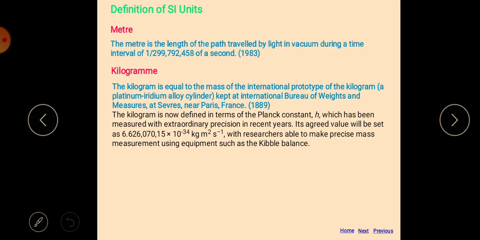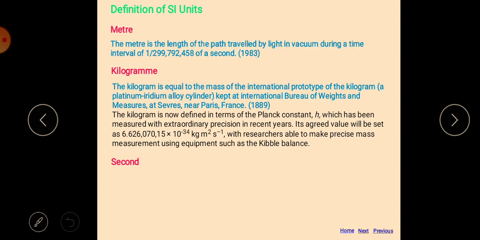So kilogram is defined in terms of a constant, and that constant is Planck's constant. The value of Planck's constant is measured very accurately, and if we define mass in terms of Planck's constant, definitely we have an accurate value of kilogram.